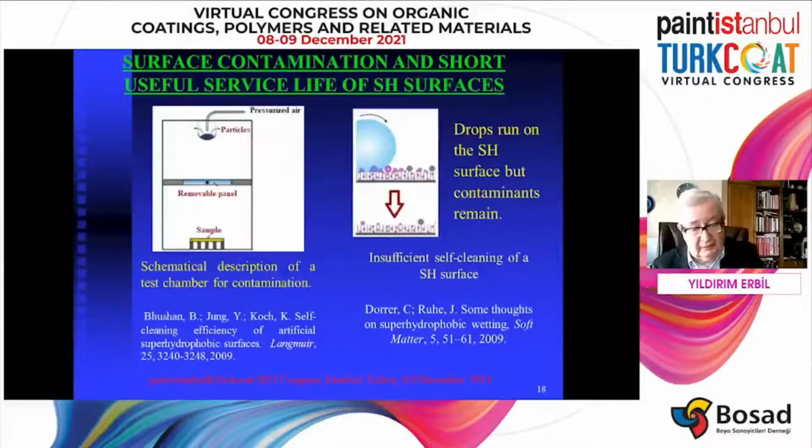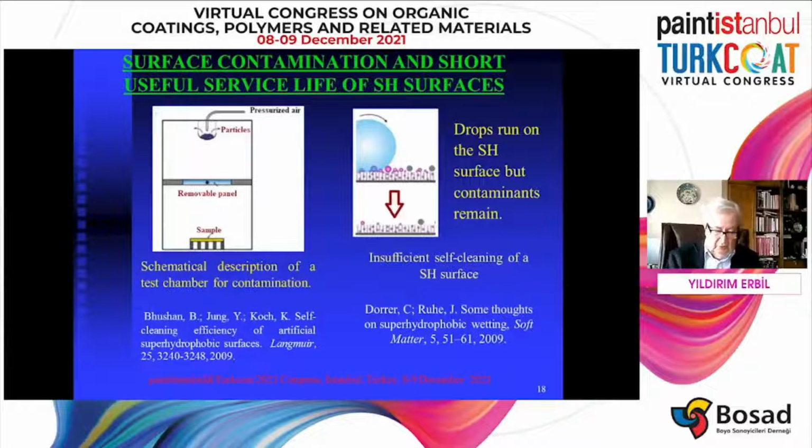And the second problem is the surface contamination and short useful service life of the superhydrophobic surfaces. The particles in the environment, in the medium, are absorbed on the surfaces.